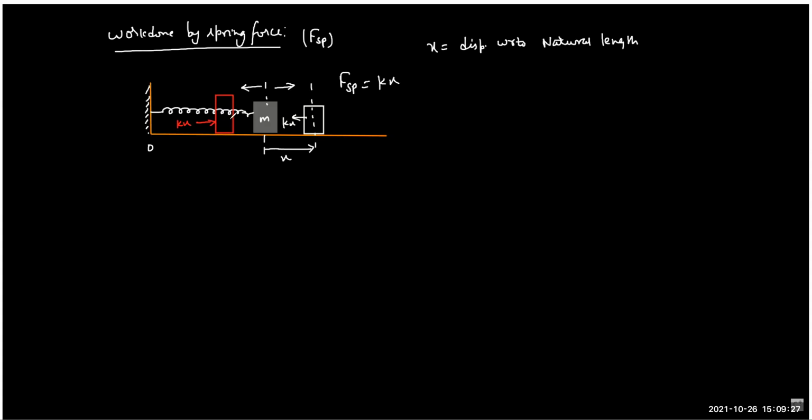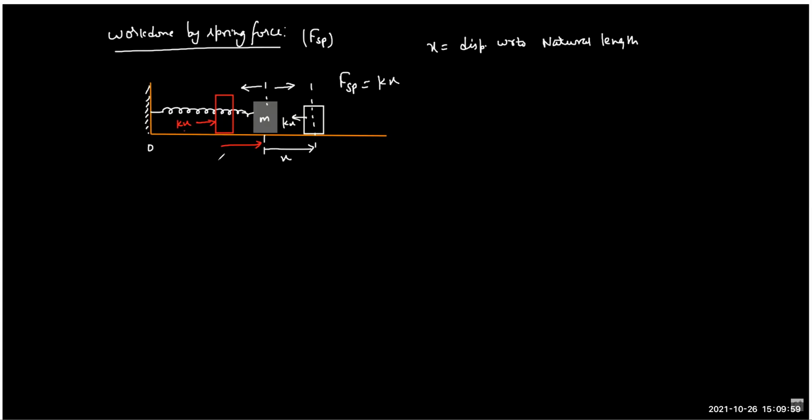So one thing is clear that if a spring is taken from the natural state to deformed state, the work is bound to be negative because it is opposing in the entire journey. But if you go from the deformed to the natural state, let's say if the spring is already deformed and it's trying to go towards this, now this is what spring wants, and therefore the work done by this force will be naturally positive.